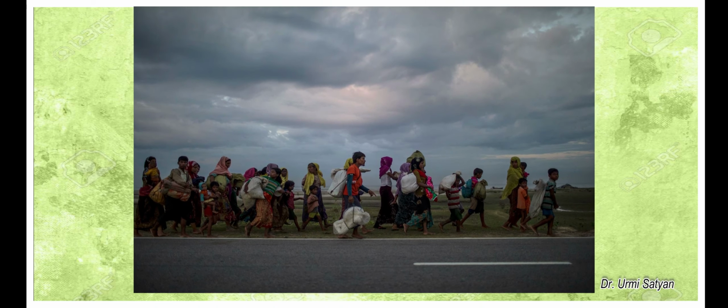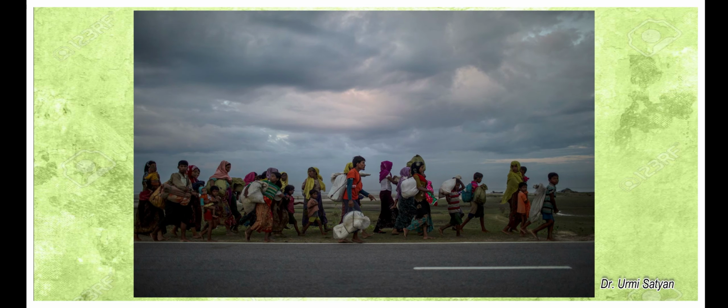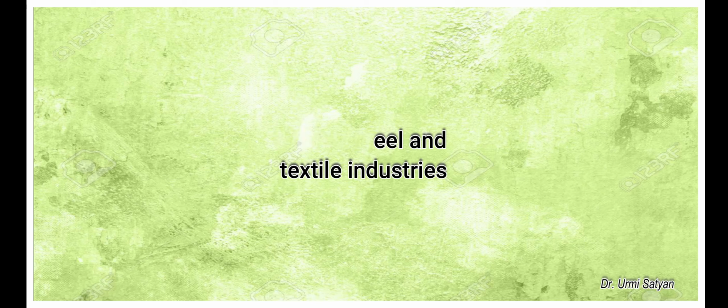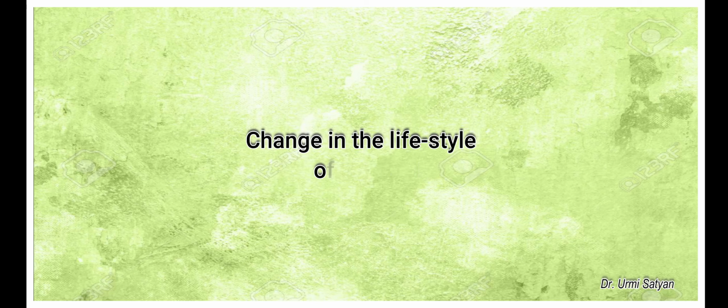Such human movements affected the society to a greater scale. There was a remarkable increase in the mining, steel, and textile industries. Eventually, there was noticed a visible change in the living pattern of the society.